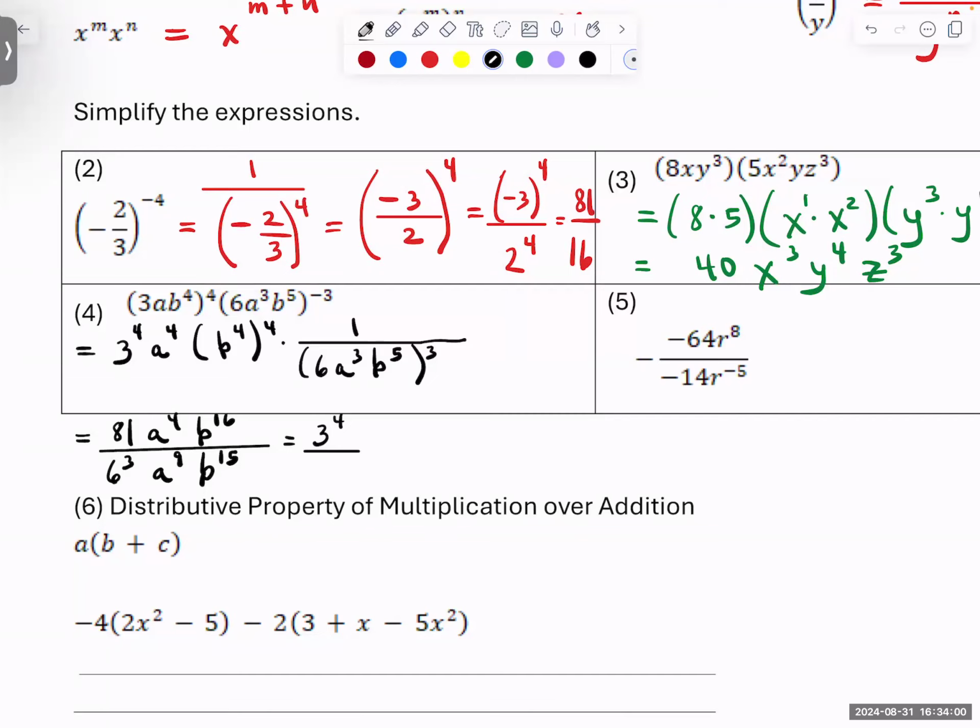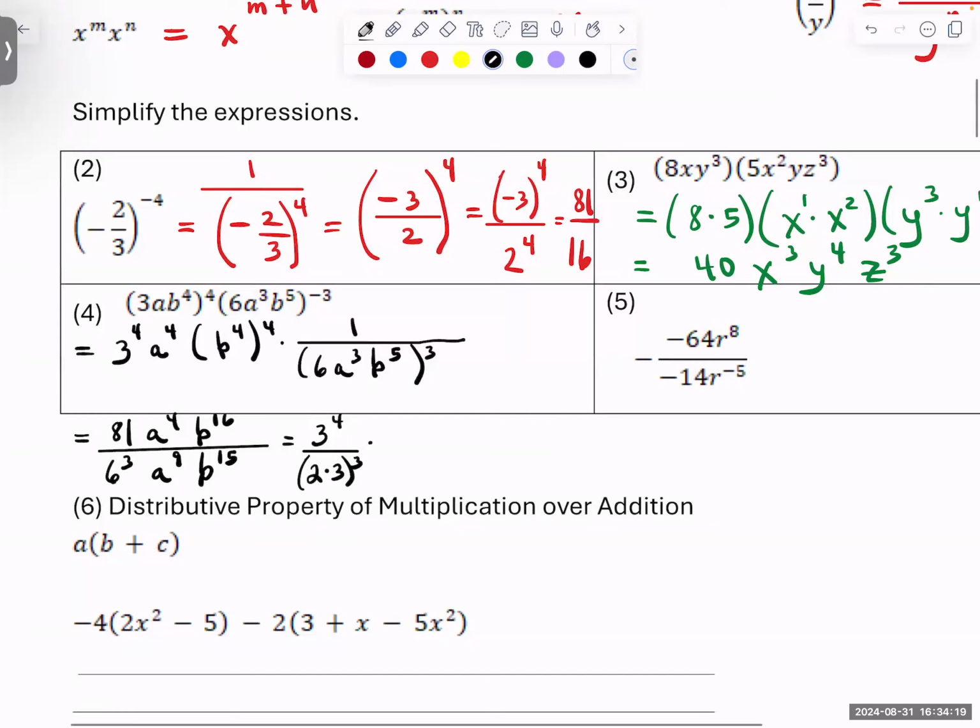And then 6 is 2 times 3, quantity cubed. In dividing a, we can divide and cancel 4 a's in the numerator, 4 a's in the denominator. So we're going to have a to the 5th in the denominator.